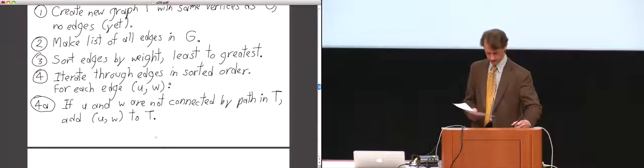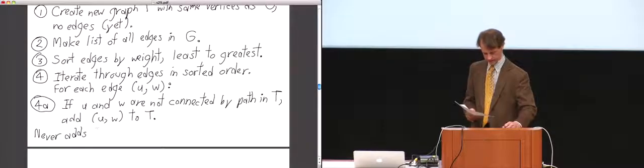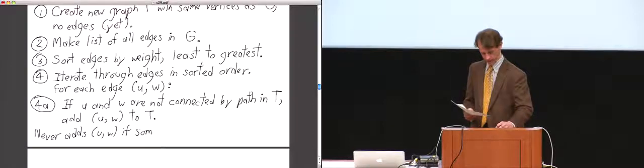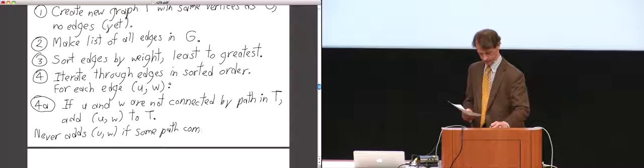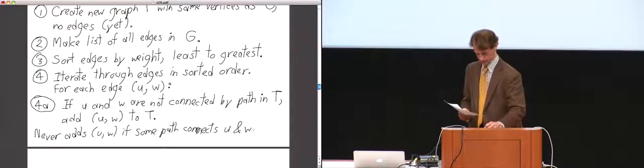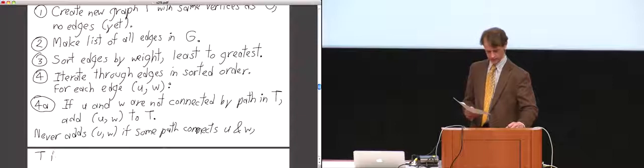And this algorithm, because it never adds UW if some path already connects them, the output T is guaranteed to be a tree.